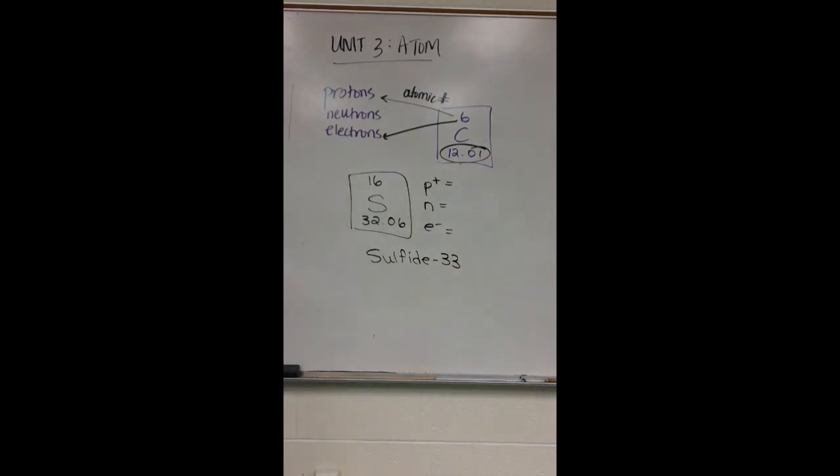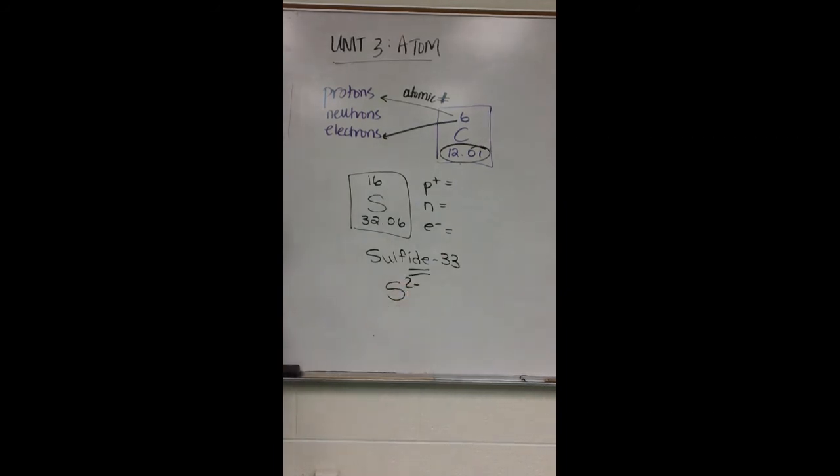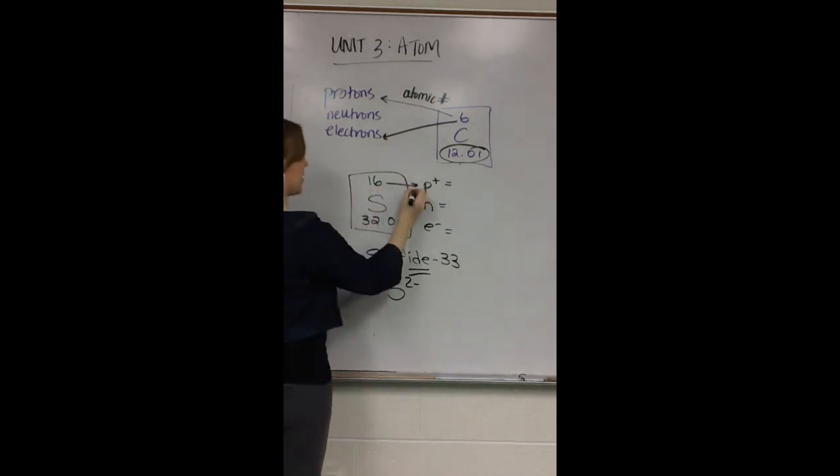Well, the first thing I notice is it's sulfide, which tells me I'm not just looking at sulfur, I'm looking at sulfur with a charge, so S 2 minus. I know that because of the columns on the periodic table, it's 2 over. So if I look at this, to get a 2 minus charge, I know I need to give it 2 electrons.